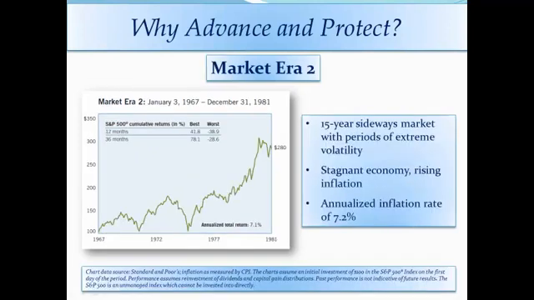Well, that cycle was followed by a 15-year sideways market from 1967 to 1981 with high volatility, a stagnant economy, and high inflation. During this period, the average annual return was just 7.1%, and as you can see from the chart, most of that return occurred in the later part of the cycle.